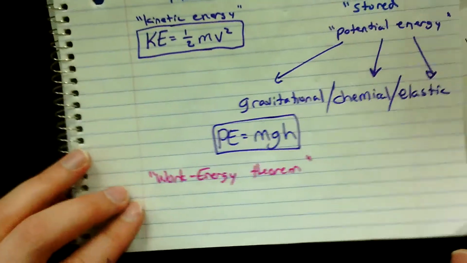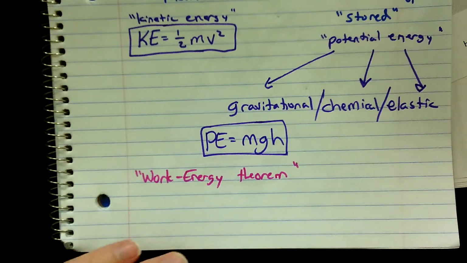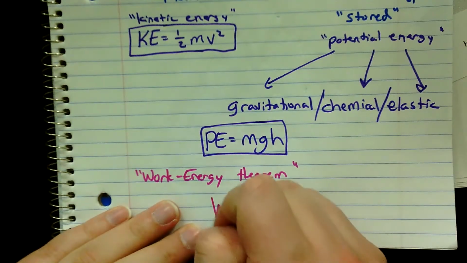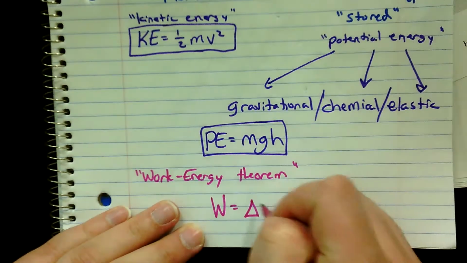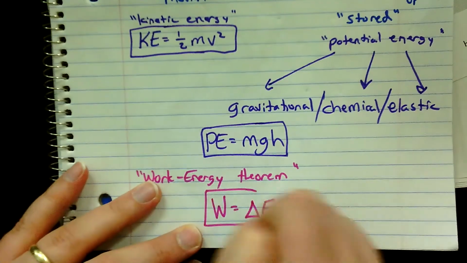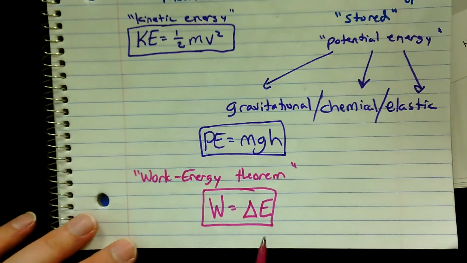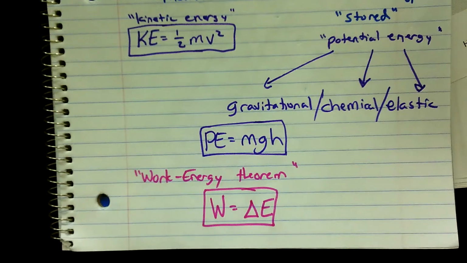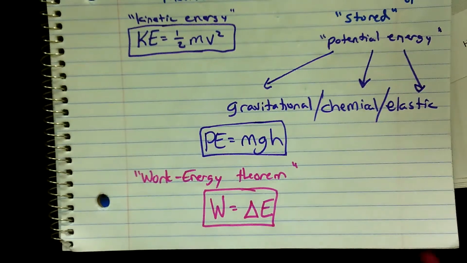The work energy theorem says that whenever you do work, you change the energy. Mathematically, work equals delta E. What does delta mean again? Change in. So whenever you do work, you're going to cause the energy to change.